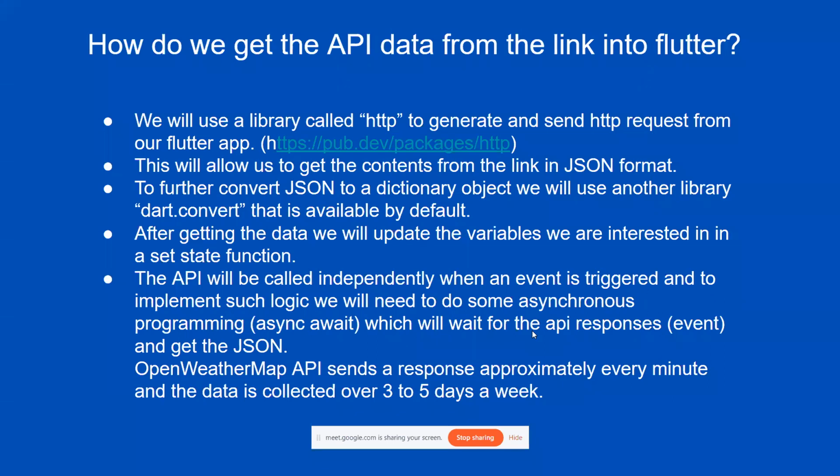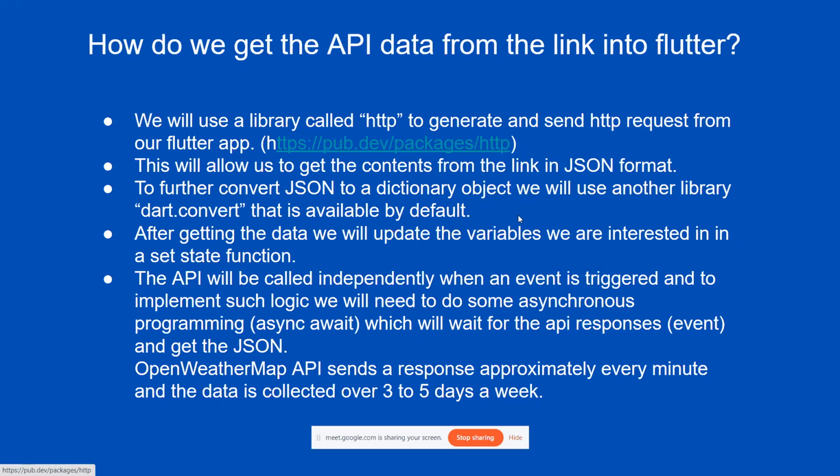So how do we get the API data from the link into Flutter? We got the HTTPS link, but we need to use it in Flutter, right? There is this library, http, which will help us make the HTTP request and get the data directly, the JSON object.